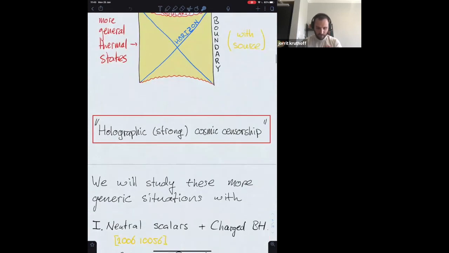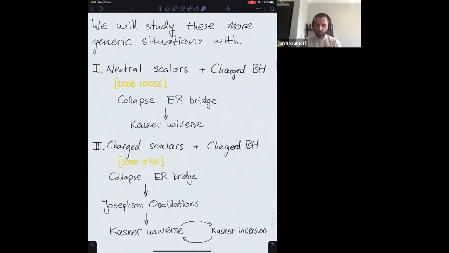So the plan of the talk will basically be to guide you in the black hole interior for two different cases. One case will be neutral scalars in a charged black hole background. And we will see that there are two interesting features of the black hole interior.